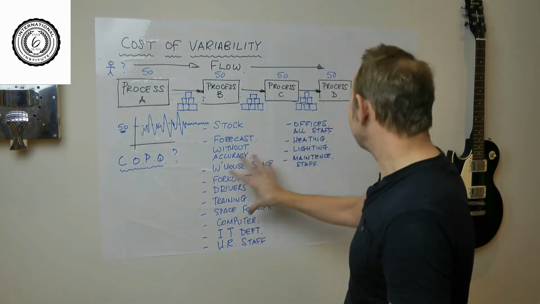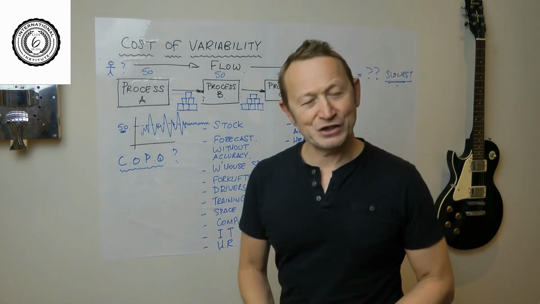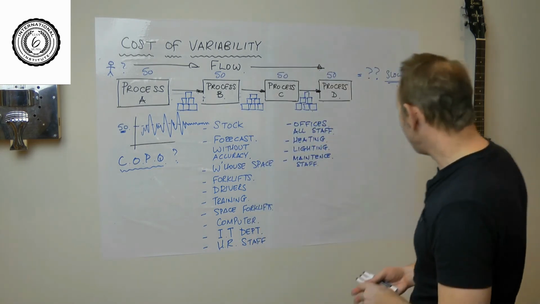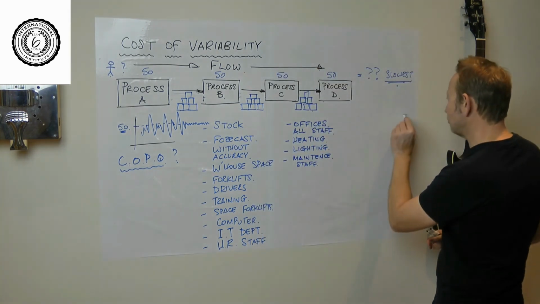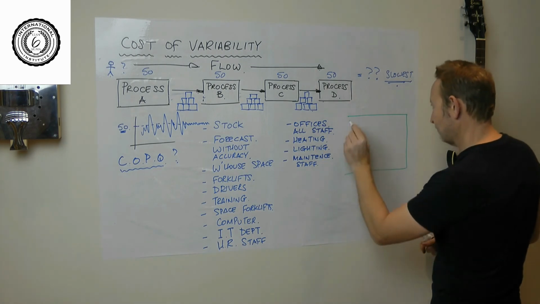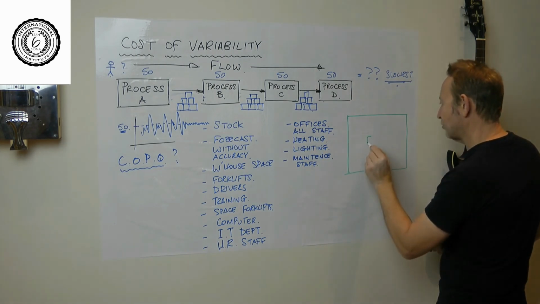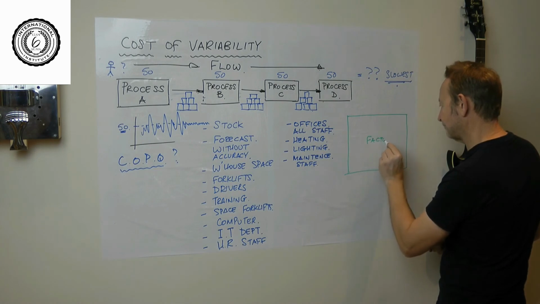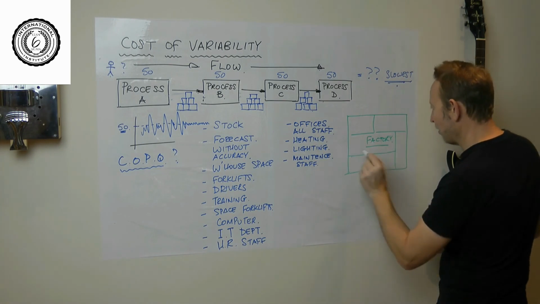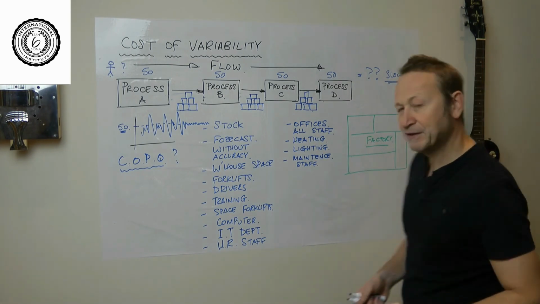And by the way, if you don't believe that this is true, here is a challenge for you. What I want you to do is to go to your factory layout. Take a look at your factory. It's going to be divided up into various departments and operations, yeah?